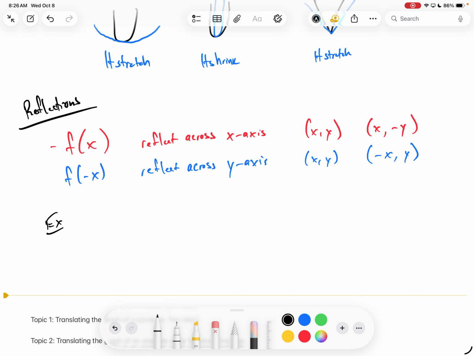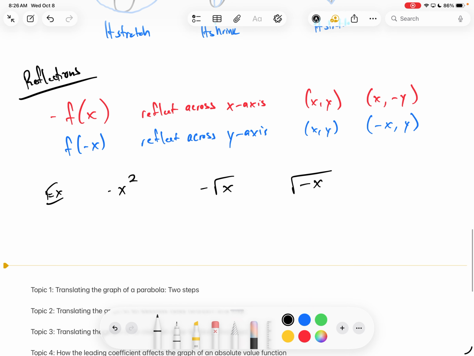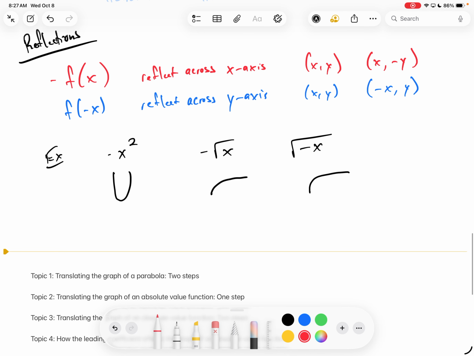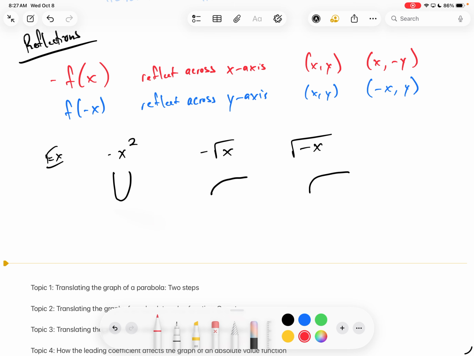So some examples here. If I have negative x squared, negative square root of x. Oh, I need to do an inside one. Okay. So my original here is a parabola. The square root looks like this. This one is negative on the outside, so it is going to reflect across the x-axis.